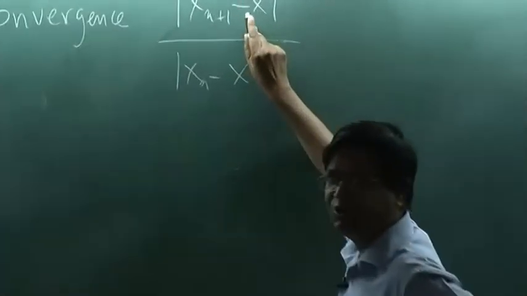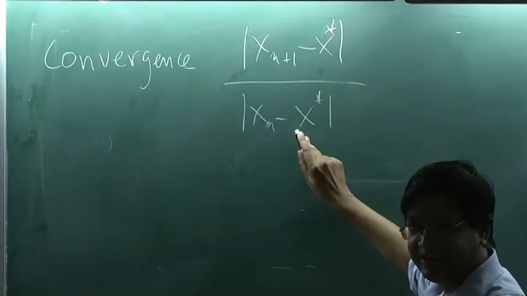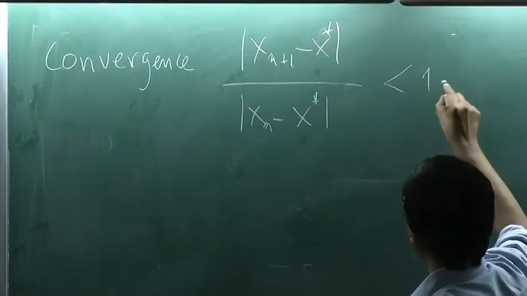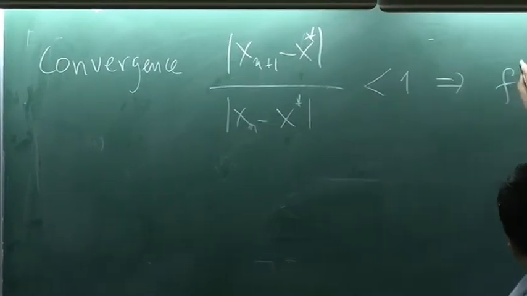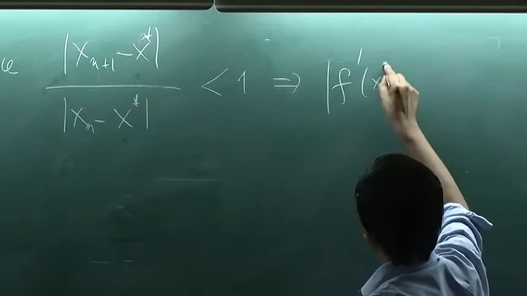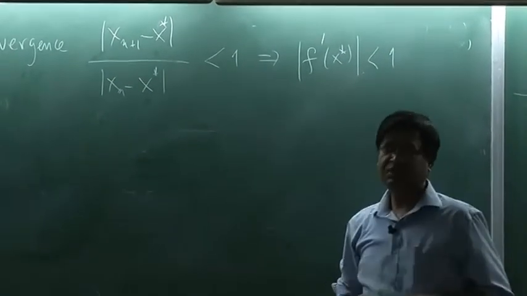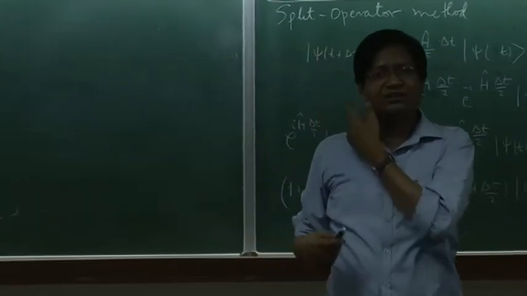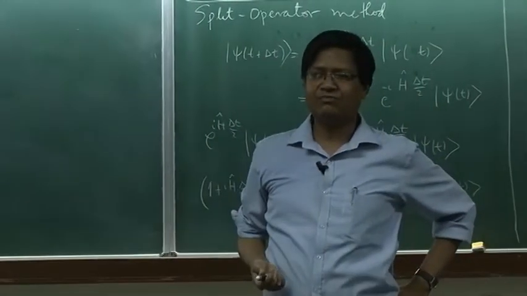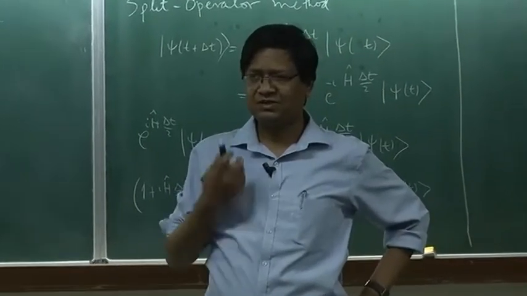This is the error at n plus 1, this is the error at n, and the ratio must be less than 1. So this is a stability condition: the modulus of the derivative must be less than 1.